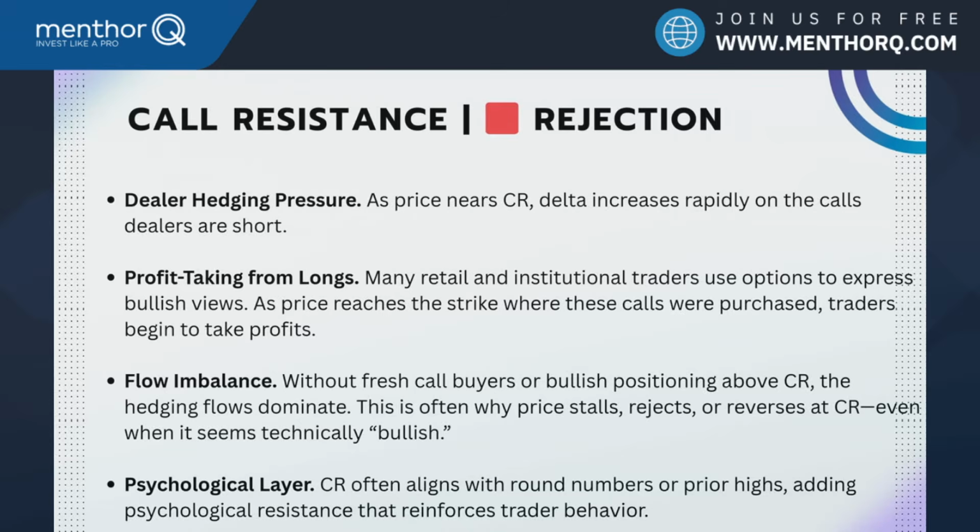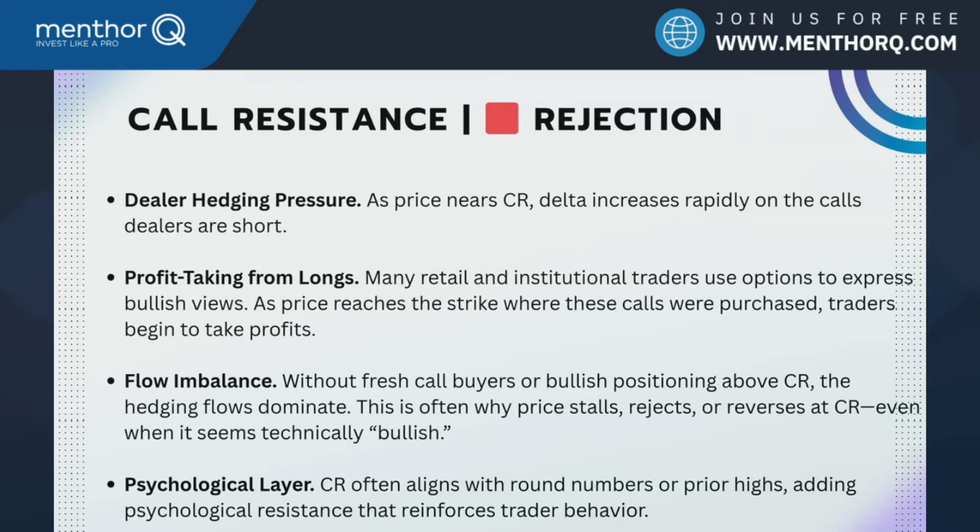We also see what we call flow imbalance. If we don't see more call buyers or bullish positioning above the core resistance, the hedging flow is dominating. This is where we often see the price stall, reject, or even reverse at the core resistance level, even if we are in a bullish trend. And then, of course, the core resistance also becomes a psychological layer.